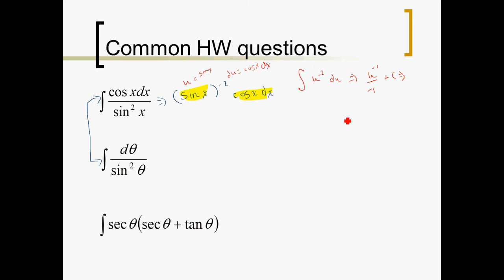So of course I have to plug back in, so this would be negative u plus c. And of course, how can I check my work? Oops, sorry.